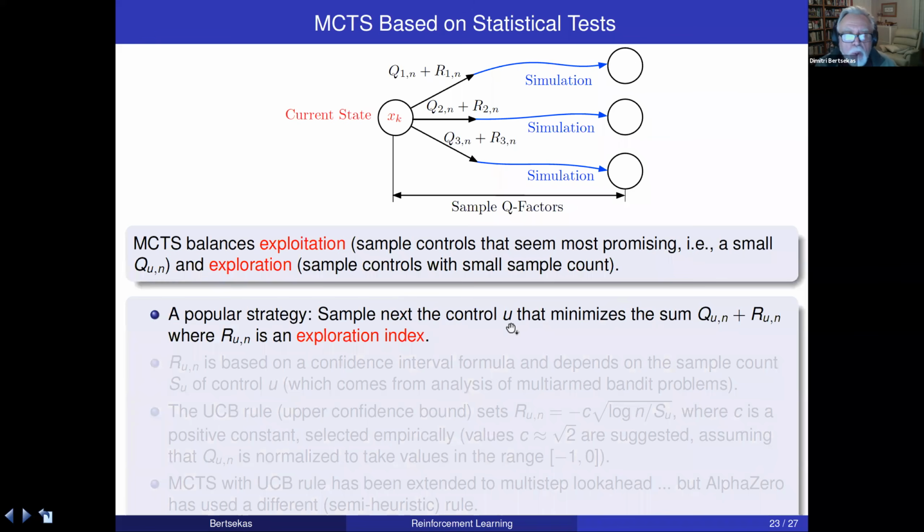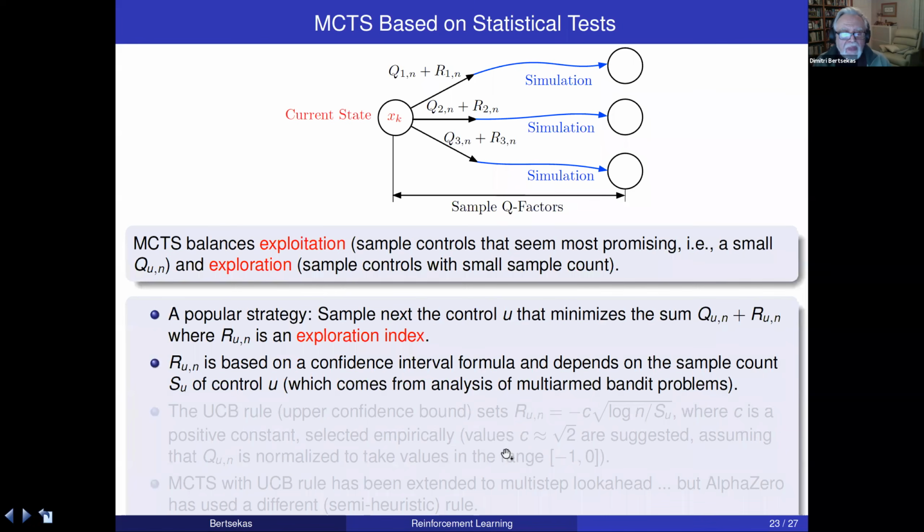And a popular strategy is to introduce, in addition to the exploitation index, an exploration index, which indicates to what extent a particular control, the control U, has been sampled, has been explored. And people have different formulas for this exploration index.